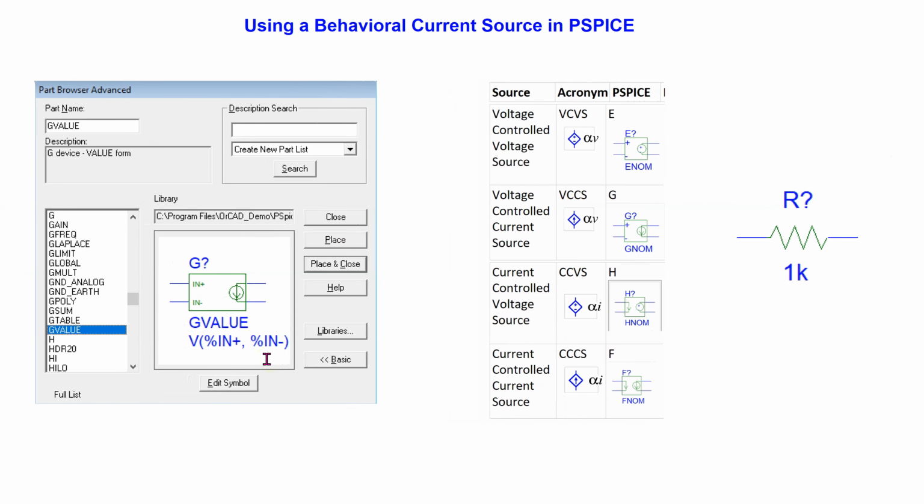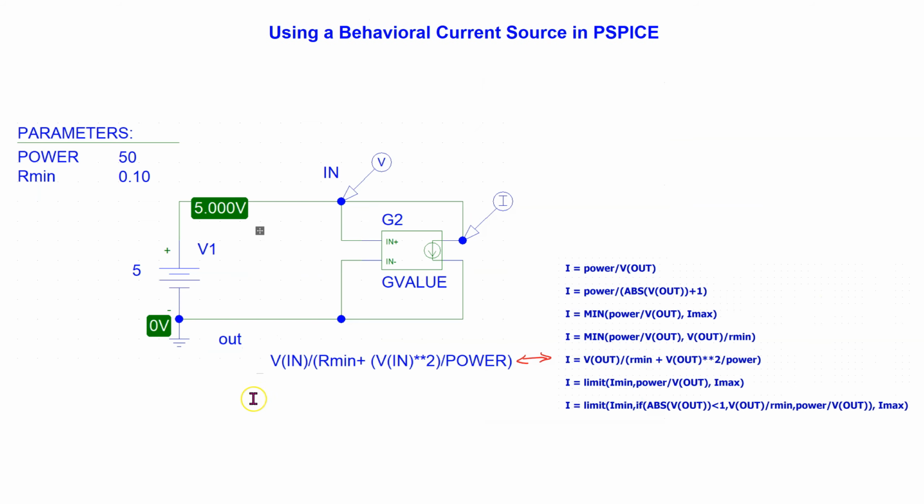In PSPICE, we can use the Gvalue behavioral current source as a constant power load. Note that a resistor and other dependent sources in PSPICE must have a numerical value defined and do not accept expressions as input.